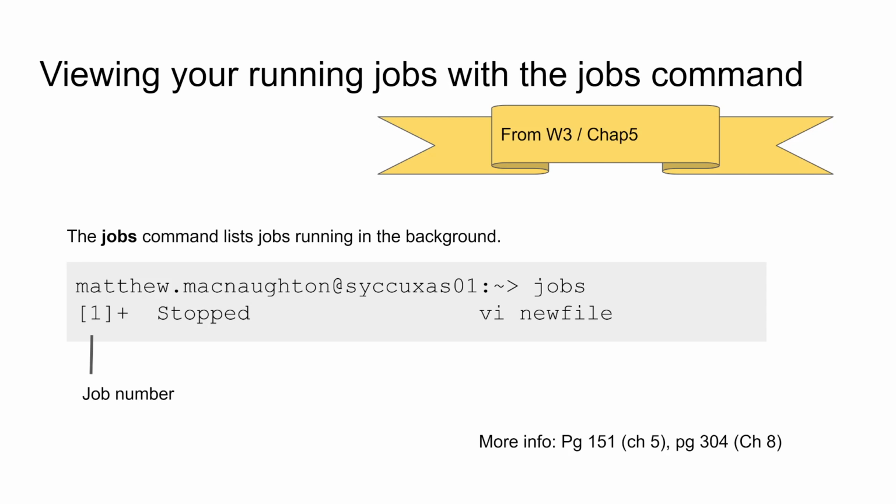I get a list with the job number. I get the state of the job, not the same thing as state of a process. State of a job in this example is stopped, and then the name of the command. So I've got in this list a vim command, vi new file is what's being shown here. So I have one job, it's stopped, and I'm at a prompt so I can type jobs and view the list of jobs.